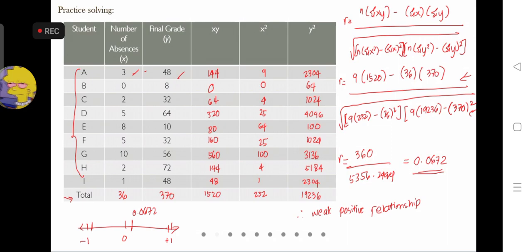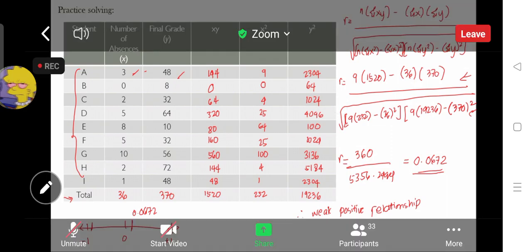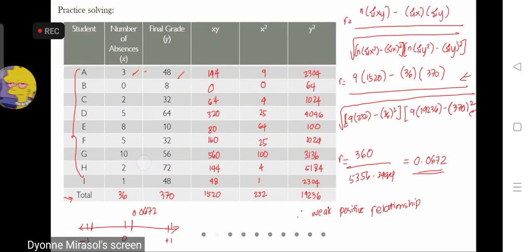Nakasabot ra or naglibog sa akong explanation? Okay na, Miss. Pero, Miss, until pila ka makaingon, Miss, nga weak siya? The closer it is to 0, that is the time nga makaingon mo nga weak siya.